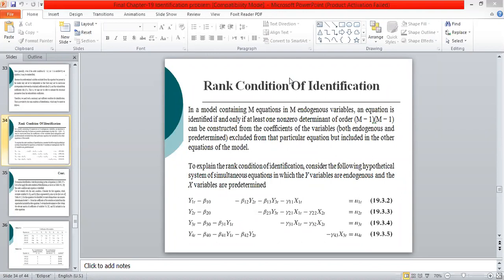It means that for an equation to be identified, we need at least one non-zero determinant of order m minus 1.